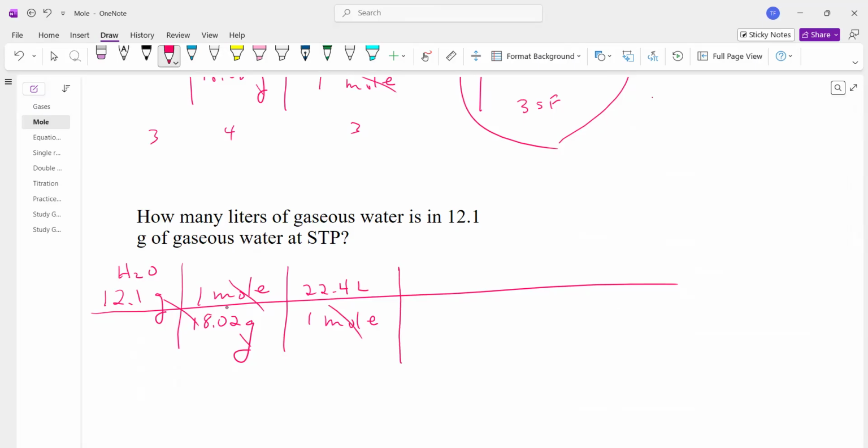And 3 sig figs again. So that's 15.0 liters of steam.